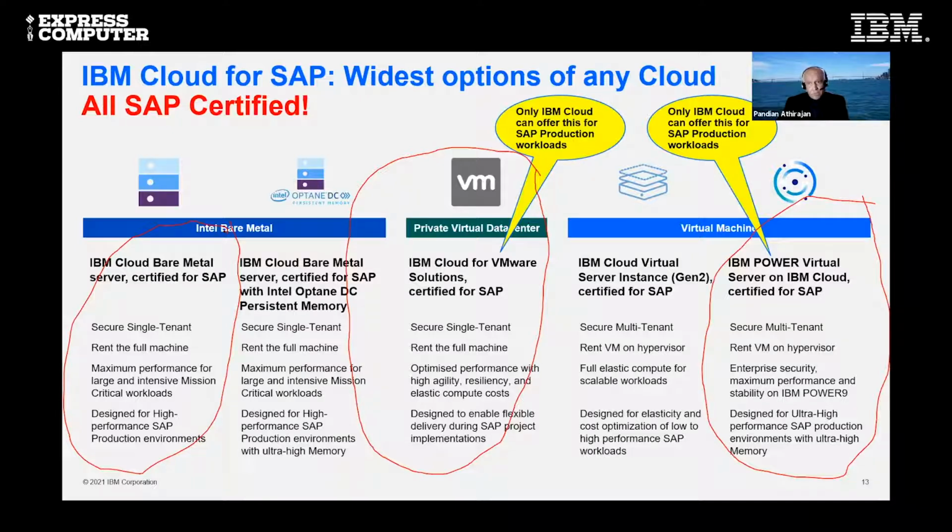Right now, we can go up to 12 terabyte on bare metal server. And then we also have this with the Optane persistent memory. And recently, I think last year, we have introduced x86 based virtual server instances on VPC.